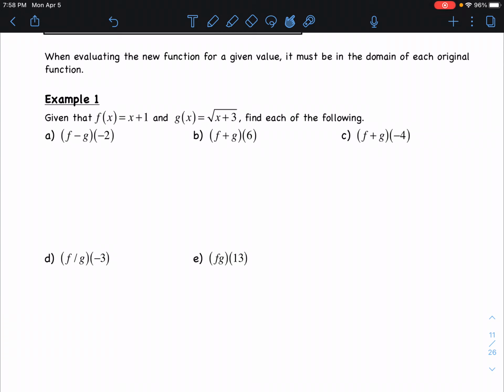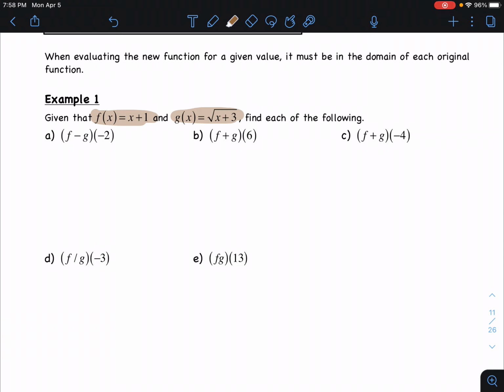So, in the following example, let's take a look at example A. In each of these problems, we're going to be eyeing up f of x and g of x. In A, we need to find each of the following.